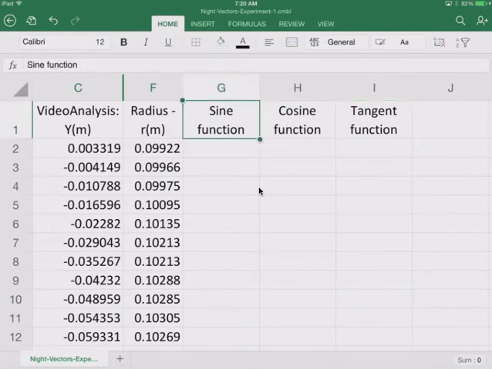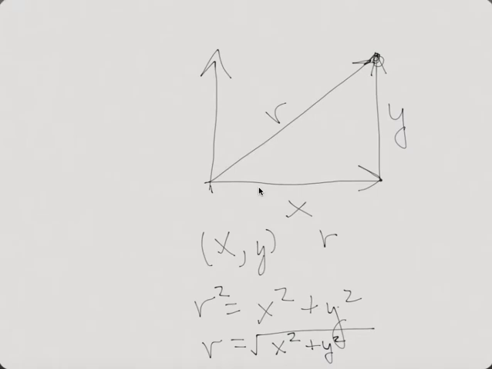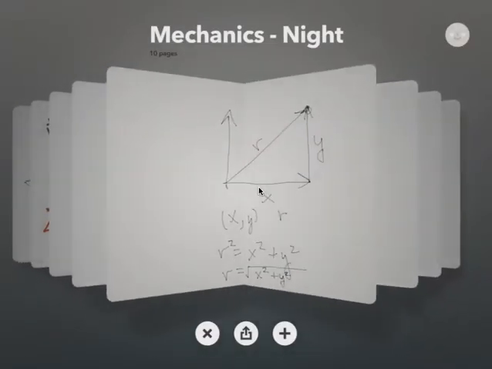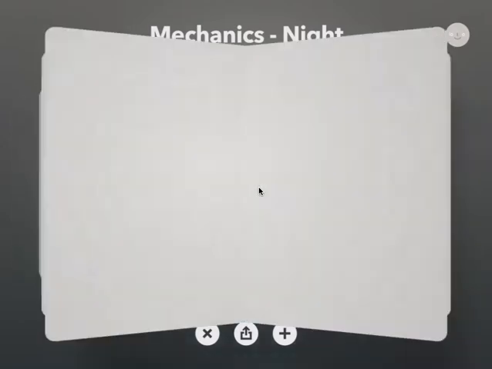Okay. So what is our sine function? Let's see if I can pull this over. Remember that sine is going to be based on SOH CAH TOA. So sine of theta is equal to the opposite side over r.